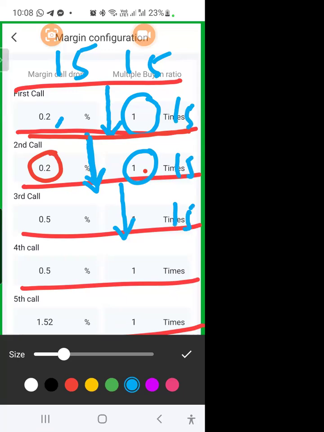Again, you are telling this robot, if the market falls by 0.5, in case you came and put 1.5, the robot will increase the amount to put here, because your first buying amount was $15.